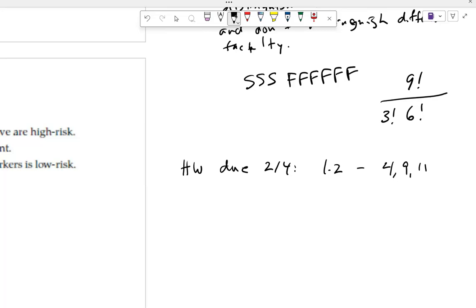So you know one thing happened, and you're trying to figure out additional information about it. So, for example, let's say you draw a card out of a deck. The probability of drawing that one card is 1 out of 52, right?